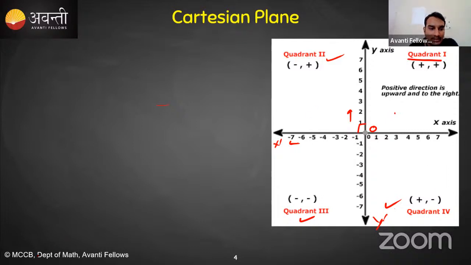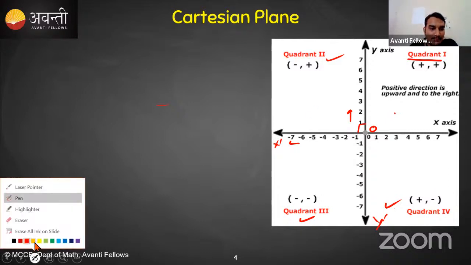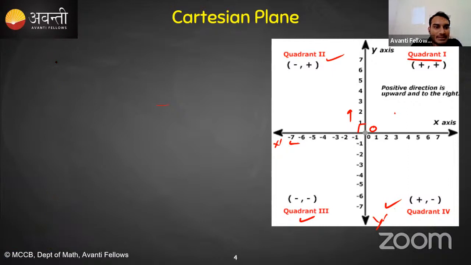If we have to represent any point, we represent it in a circular bracket, and inside it x comma y. So this represents any point on the Cartesian plane. Let's say this is a point P, x comma y.